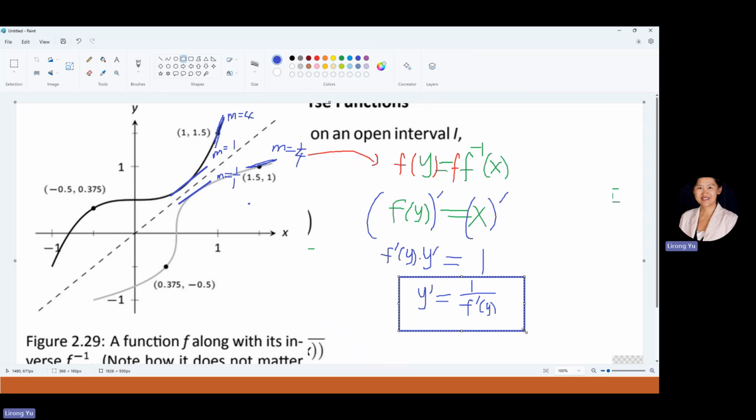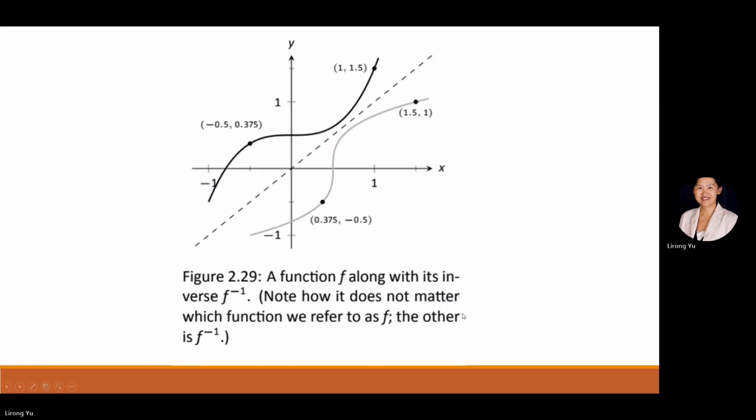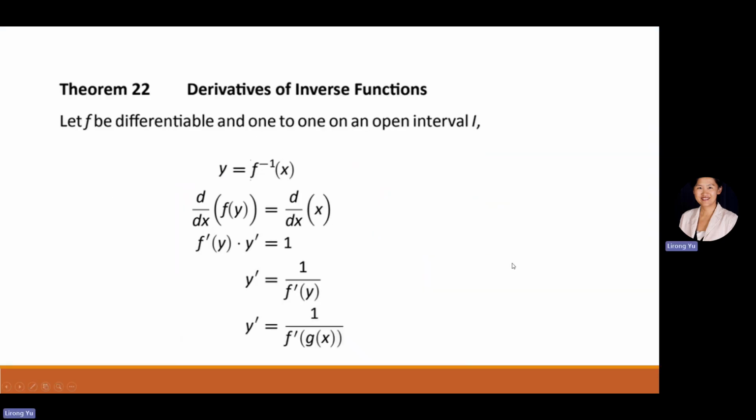That's what we are trying to go over, and with an actual example maybe we'll have a better understanding of it. This is the number one thing that we learned: the derivative of the inverse function equals 1 over the derivative of the original function. Any question to that matching point?